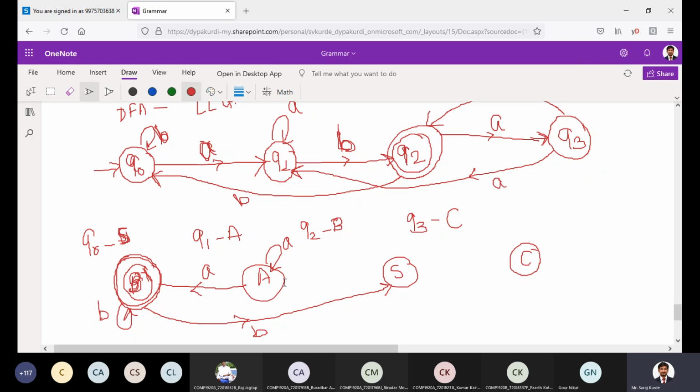Then it was Q1 to Q2, so now it is S to A on input B, S to C on input B, C to S on input A, and A to C on input A. Okay, all the transitions are shown.